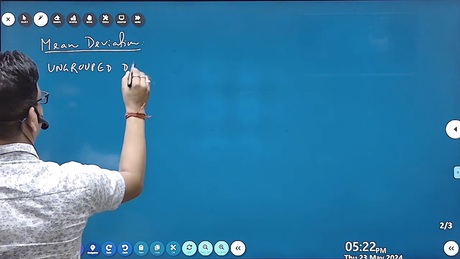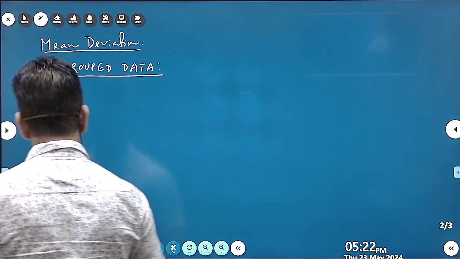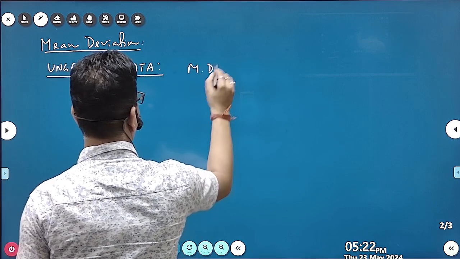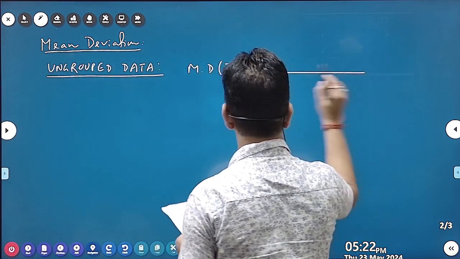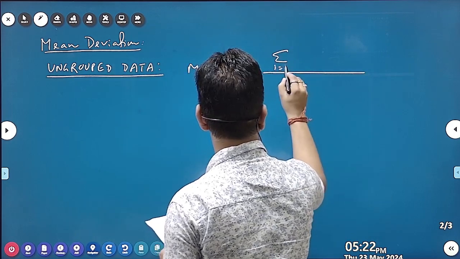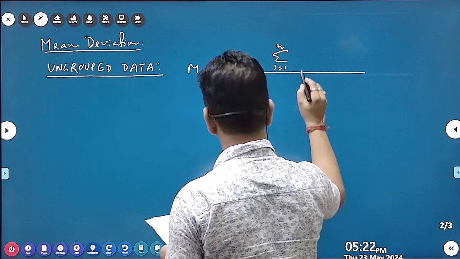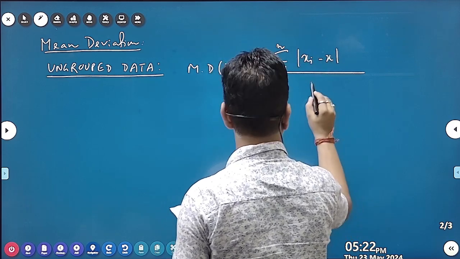For ungrouped data, mean deviation about mean is summation of i equal to 1 to n, xi minus x bar, divided by n.